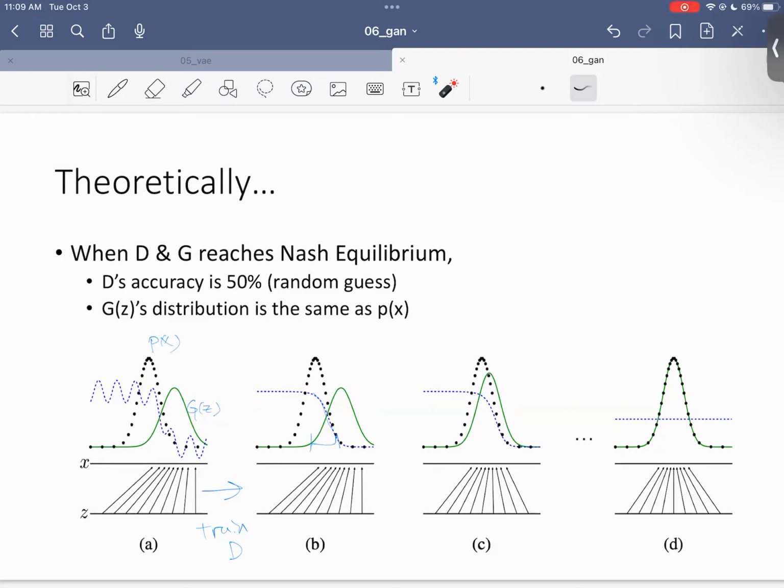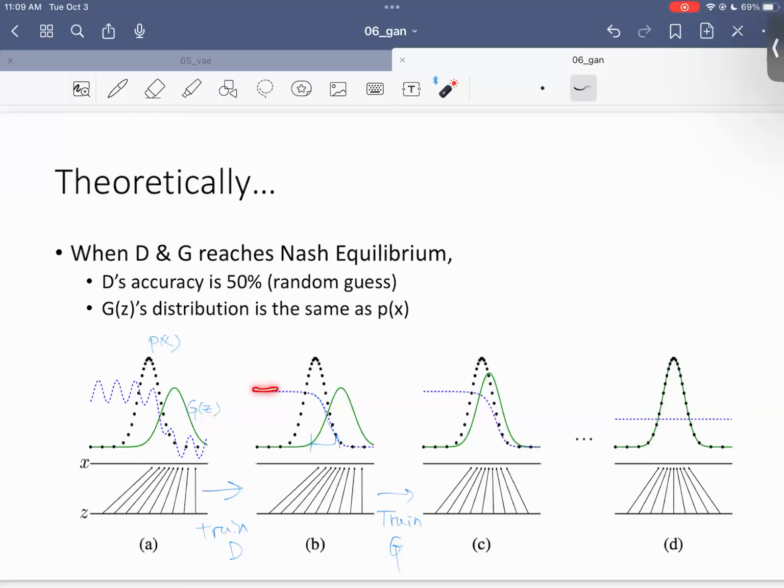So once we have this well-informed decision boundary, when the training of D is finished, it's time for the training of G to begin. So this is when you train G. So what does G want to do? G wants to fool D, right?